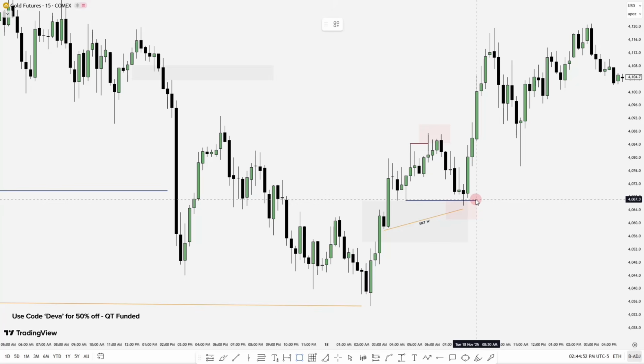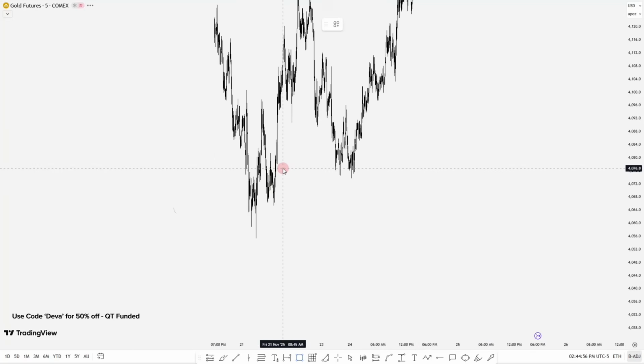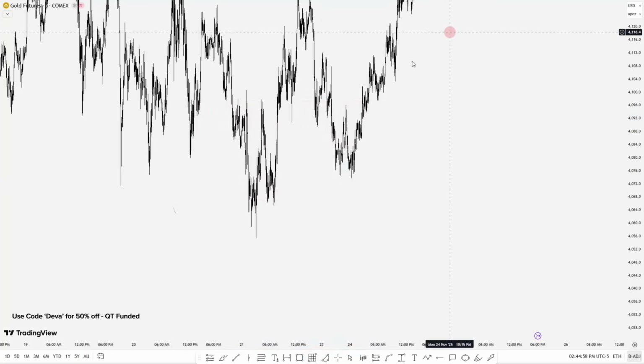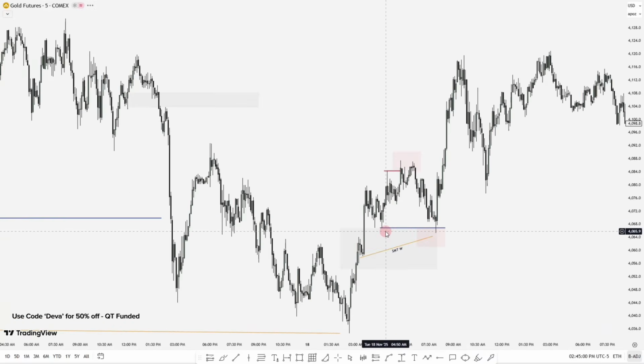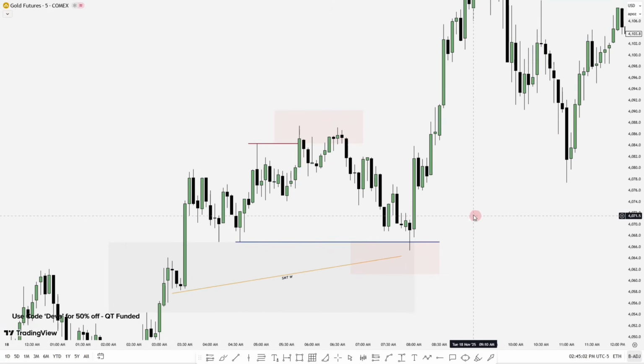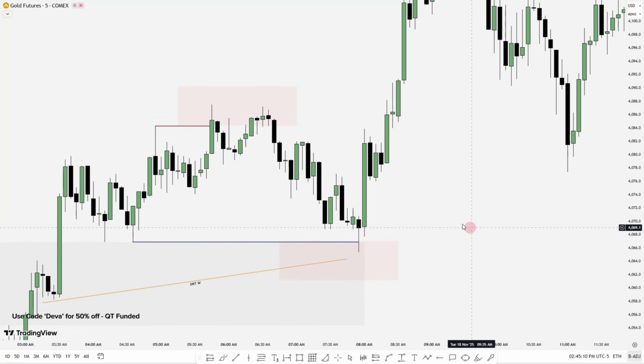All we need to do is go to the lower time frame and look for an entry model. You can use whatever entry model you prefer. I prefer the double purge with order blocks and FVGs, but I really wait for the proper context.